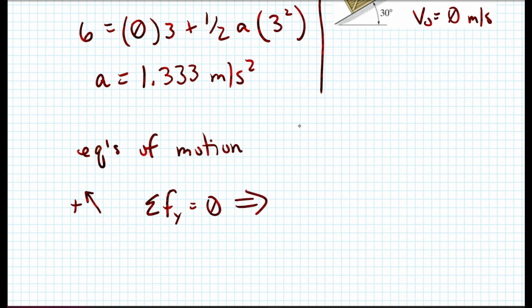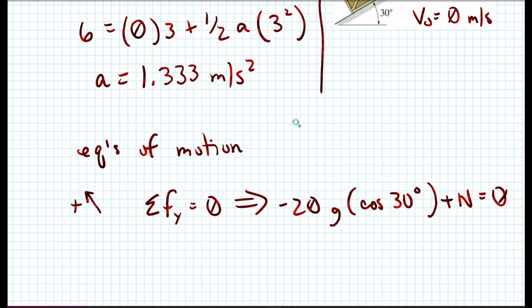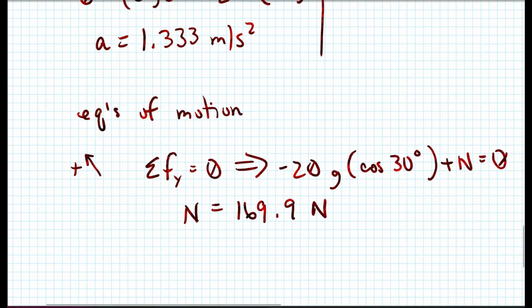So that gives us negative 20 g times the cosine of 30 degrees, right? Plus n equals 0. Alright, then we get from that n is equal to about, crunching that, 169.9 N.